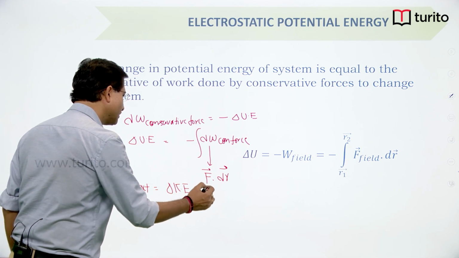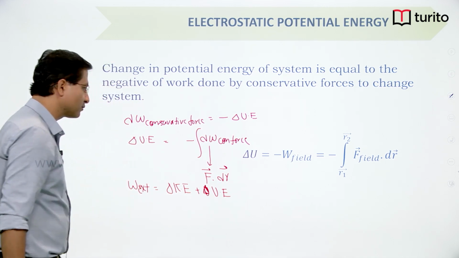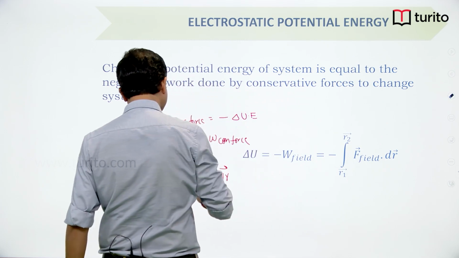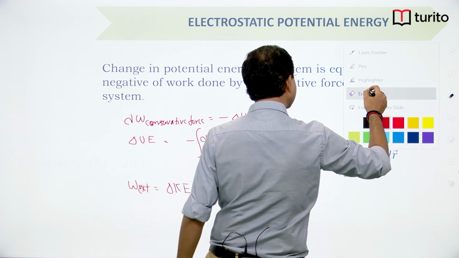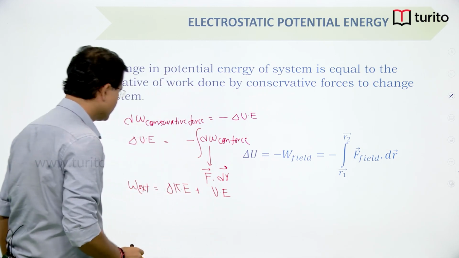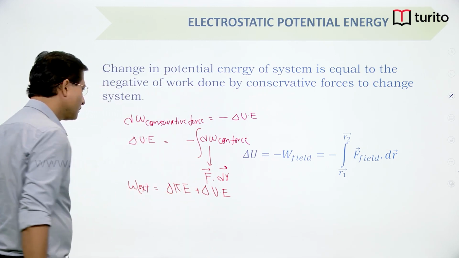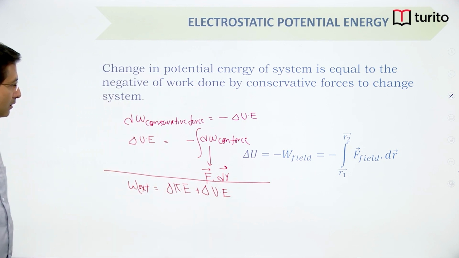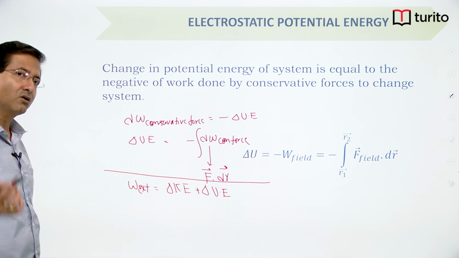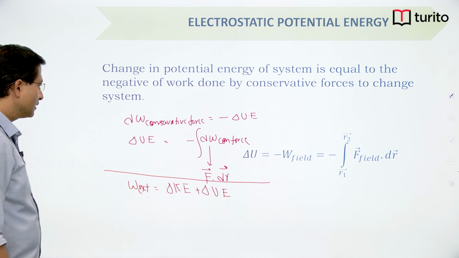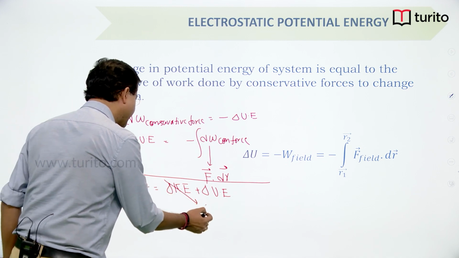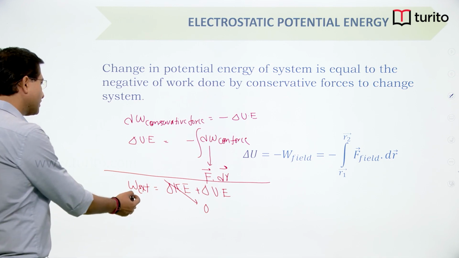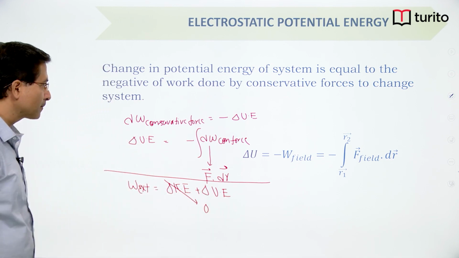If the system is changed in such a way that the constituents are not gaining any kinetic energy, or there is no appreciable change in kinetic energy, then I can write work done by external is equal to change in potential energy.